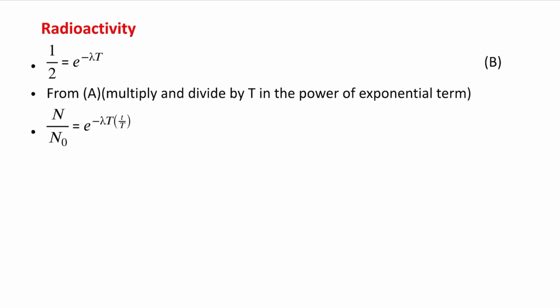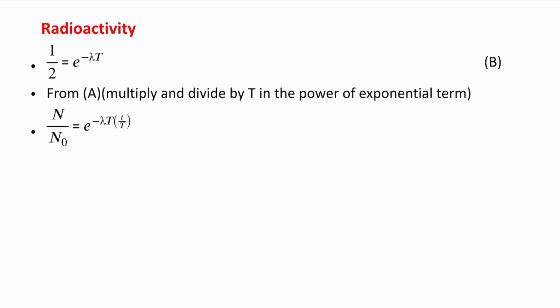Now from A and B, I multiply and divide by capital T in the power of the exponential term. My equation A was N is equal to N0 e raised to the power minus lambda into small t. In that expression, I am multiplying and dividing by capital T in the exponential term.